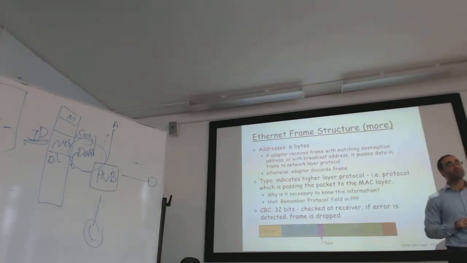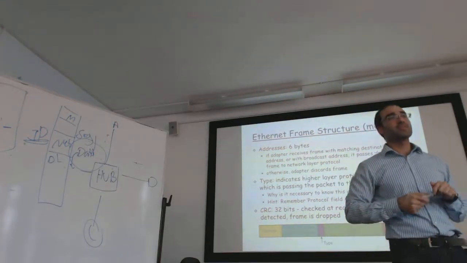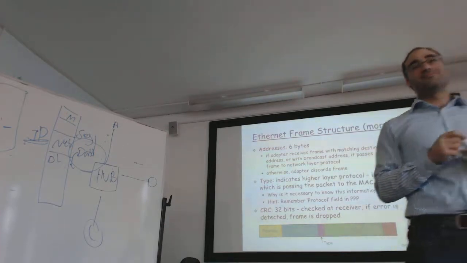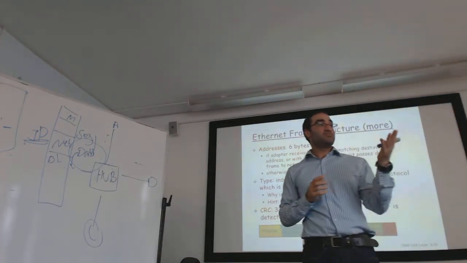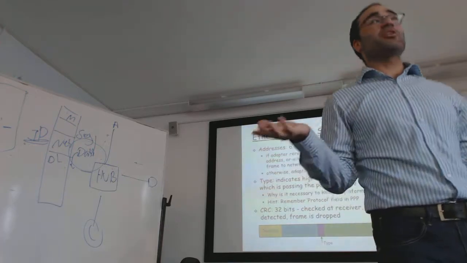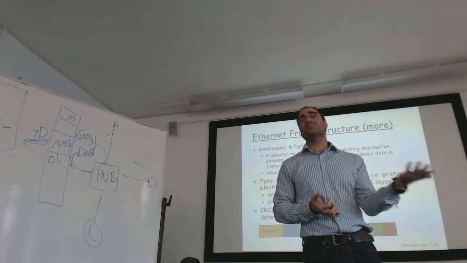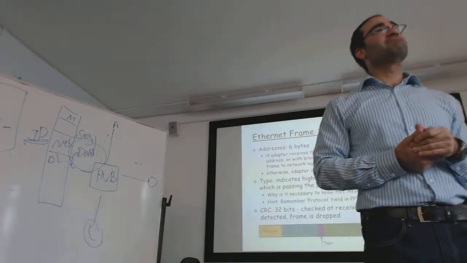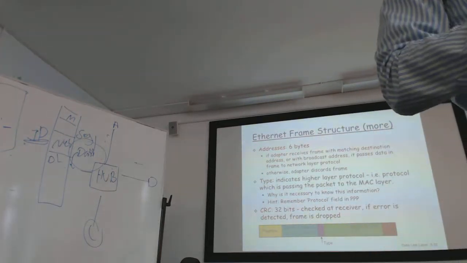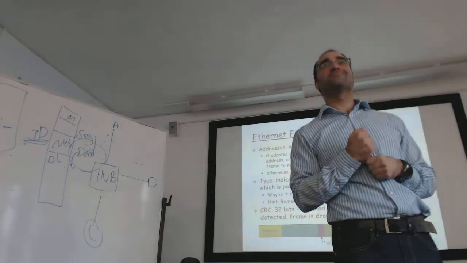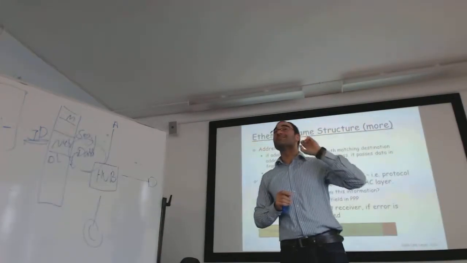What is the CRC? Redundant. What does it do? Check for errors. The question is, if I check for errors only, is this a reliable service or no? Yes or no? Why?